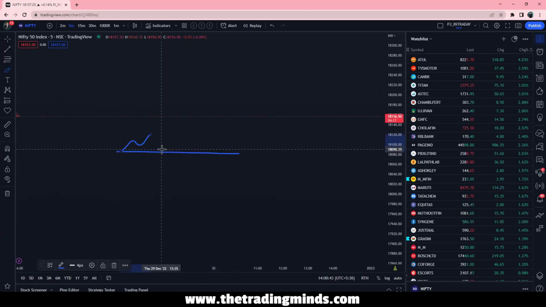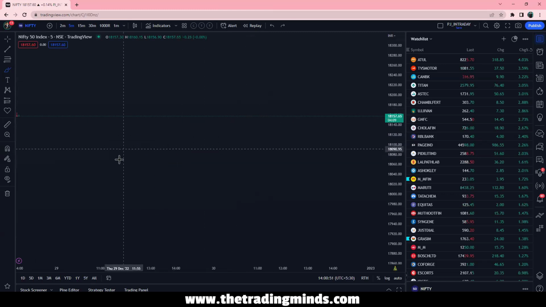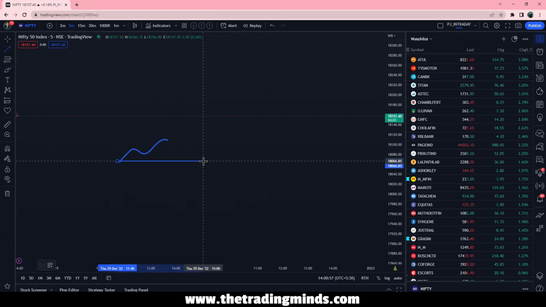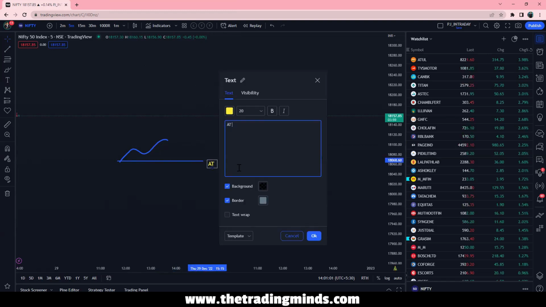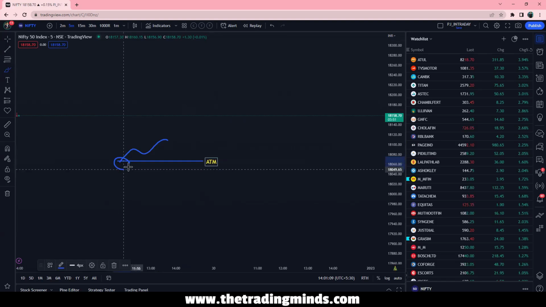The nearest strike price to where the index is moving is called the at the money strike price. Let me draw this for you. If I draw a line here, this is the at the money strike price. I always recommend using the at the money strike price, because this is where the price is moving currently.